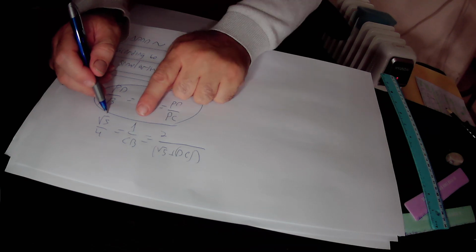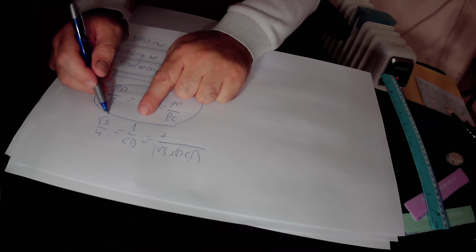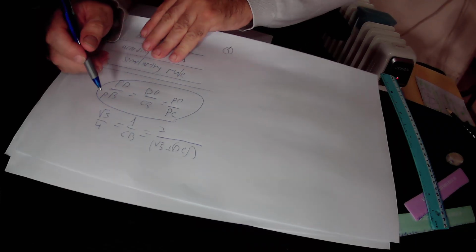Those two sides of the equation are equal to each other. So we get equation 1 from those two equal sides. According to equation 1, the square root of 5 over 4 equals 1 over CB.